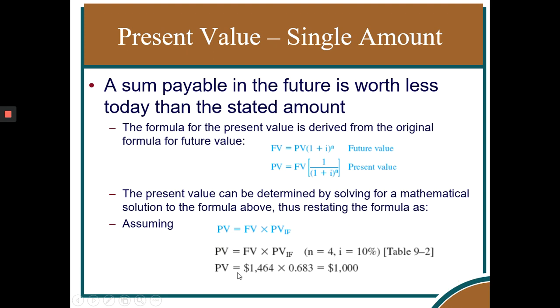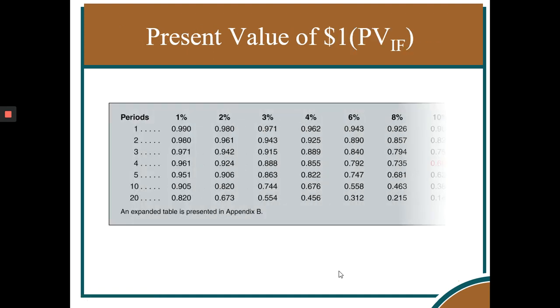Then you are asked to calculate PV. You can use your PV table to find this: under 10%, 4 years, you get 0.683. So this times this, you will be getting 1,000.